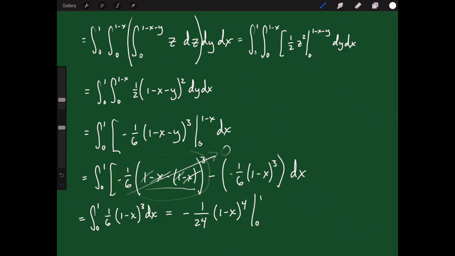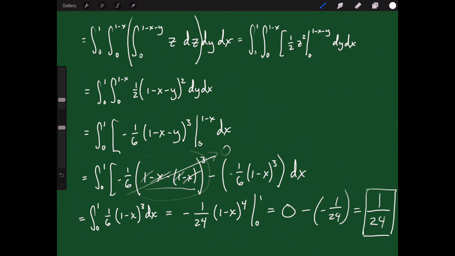Okay. And then if I plug in a 1, I get 0. Minus, if I plug in 0, I get -1 over 24. And minus 1 over 24 is just 1 over 24.